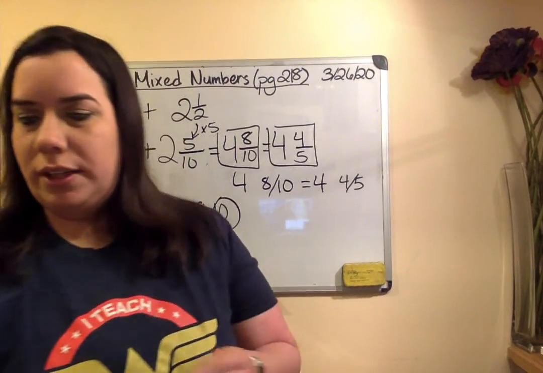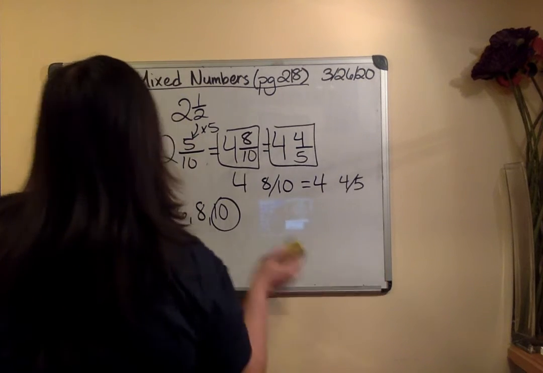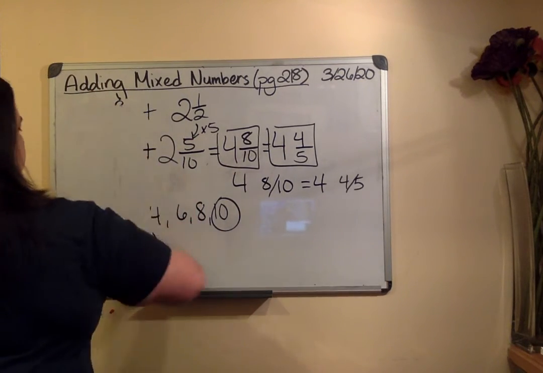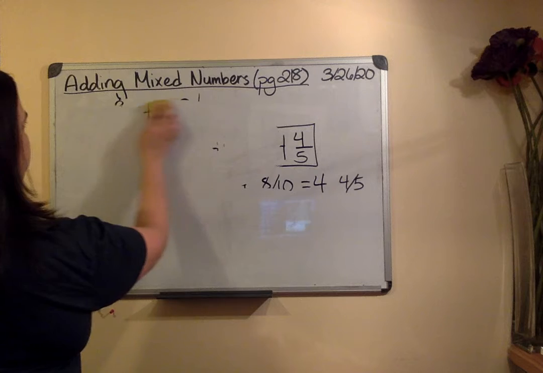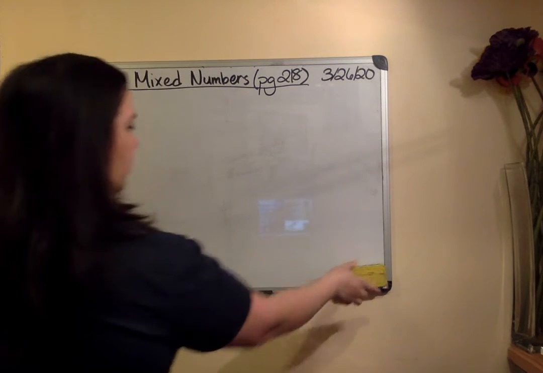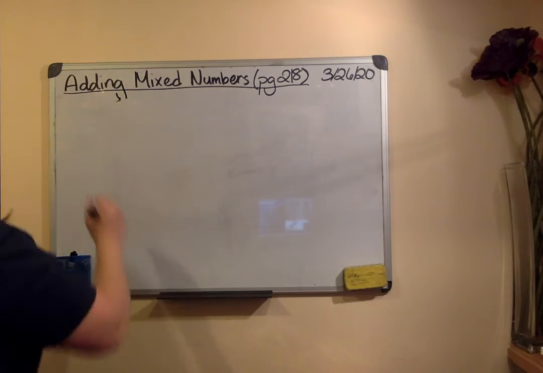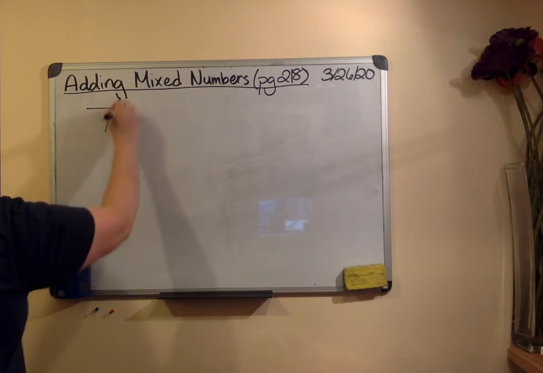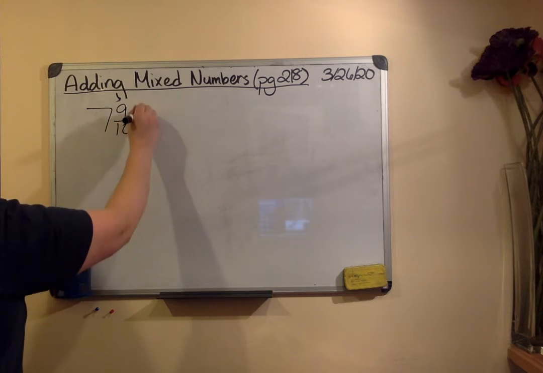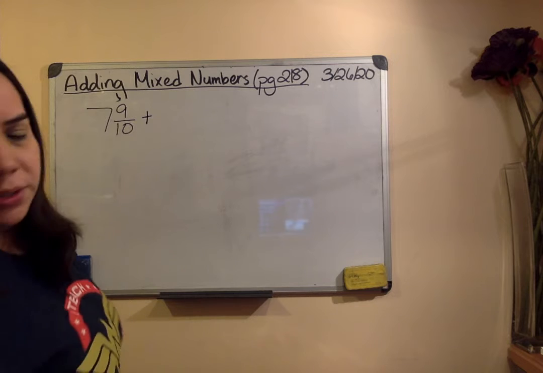All right, so let's go ahead and continue with example B now. Okay? So example B, you have 7 9/10 plus 3 3/5.